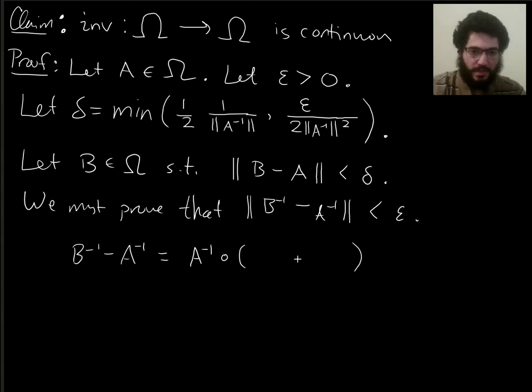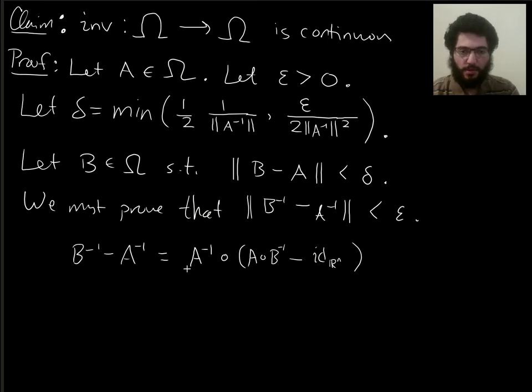If I pull out an A inverse on the left, then this is the identity map on Rn, and this is A composed with B inverse.